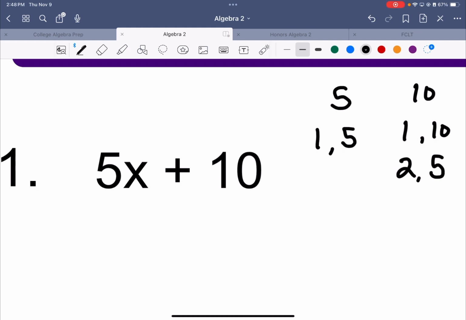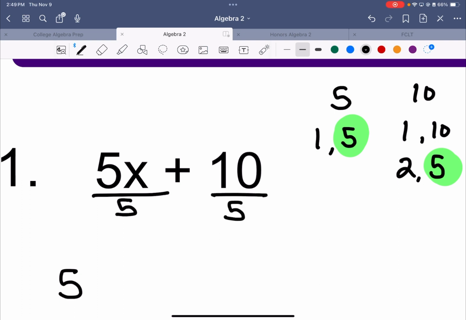When we're talking about the greatest common factor, we're talking about the biggest one that's a factor of both of them, or all of them. So in this case, 5, number-wise, is our greatest common factor. That means I'm going to factor a 5 out of both of these terms.